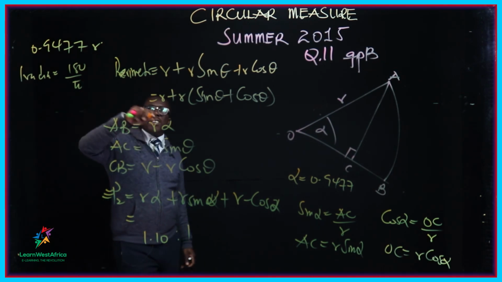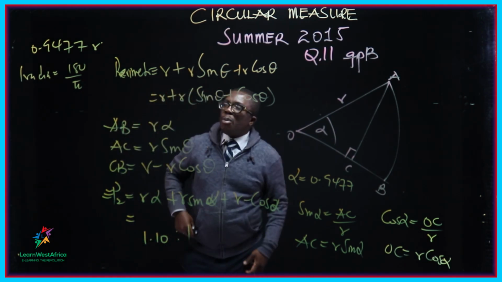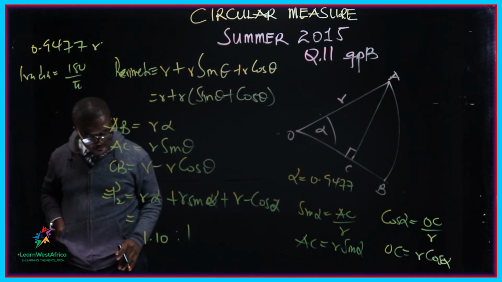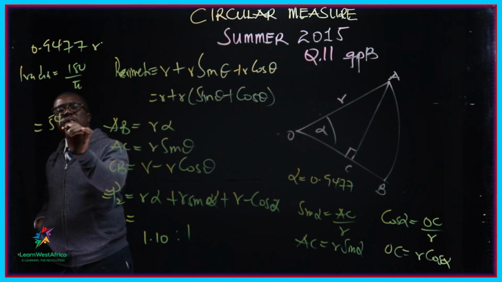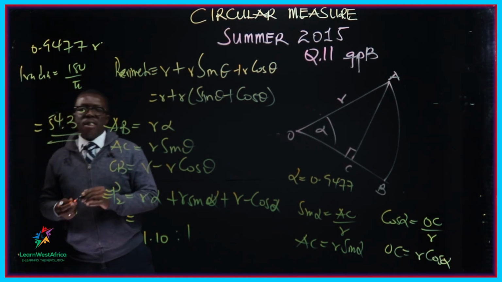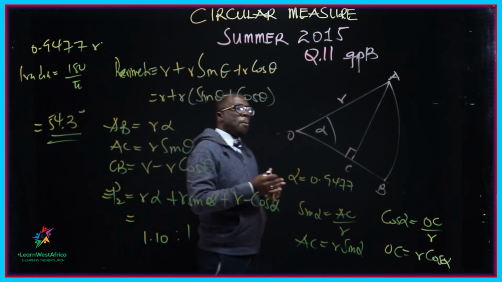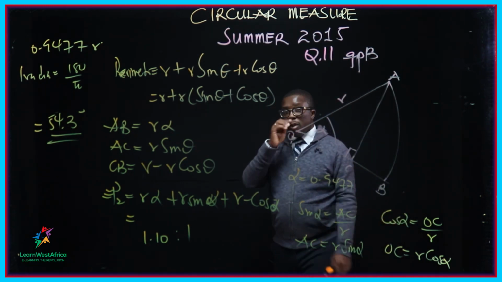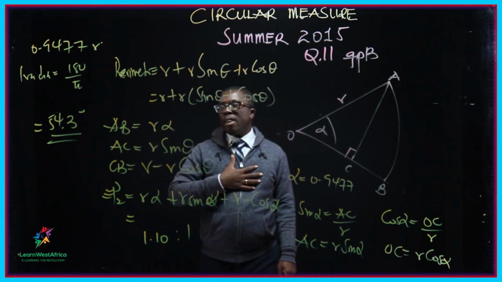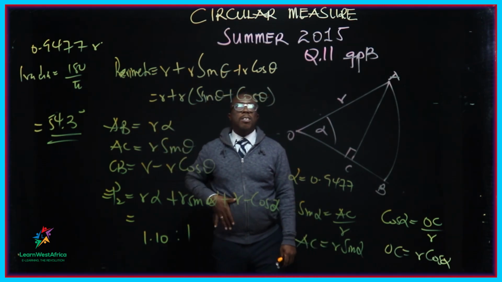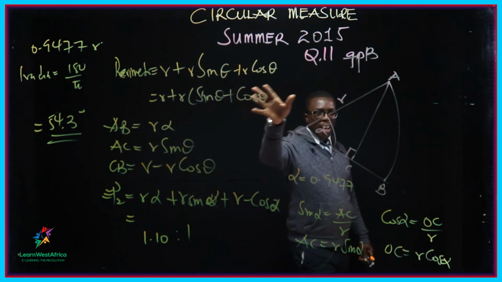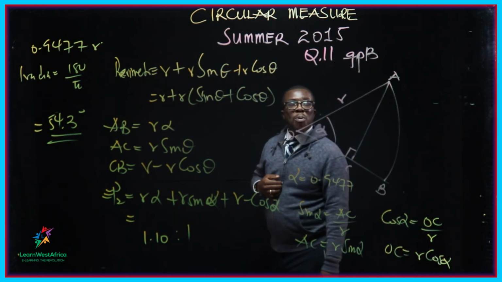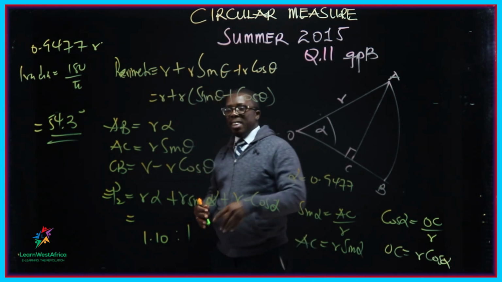So if you have 0.9477, when you do the calculation and multiply that by 180 over pi, it should give you 54.3 degrees. So AOB, which is alpha, 0.9477 in radians, converted into degrees, is 54.3 degrees. So that brings us to the end of question 11 of QP 13.